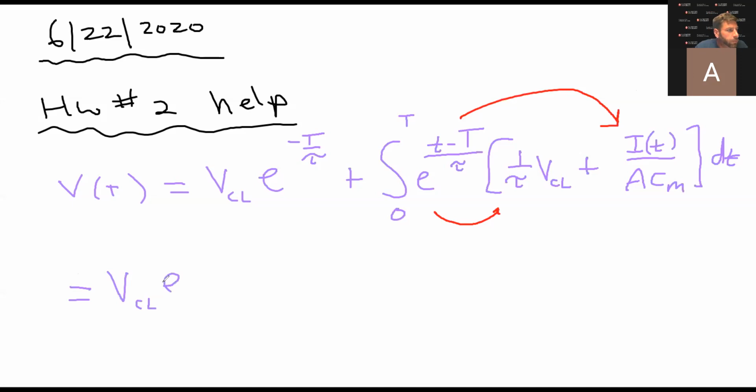So if I leave this piece alone, the first thing I'm going to do is rewrite these terms in the integral slightly differently. I'm first going to note that these guys right here, the 1 over tau V sub L, that is a constant.